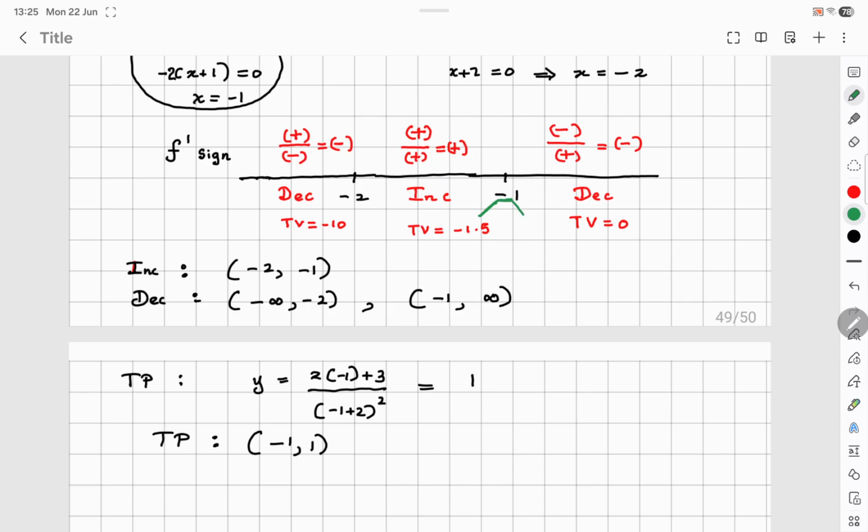Then decreasing after minus 1. So that is which shape? This is a local maximum, this is max shape, no? So local maximum at -1 comma 1. Keep that in mind also. This is a local maximum, a peak, right?